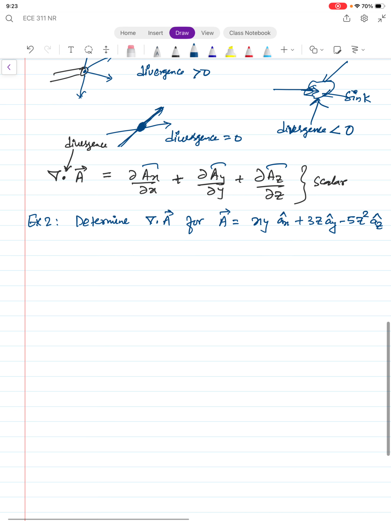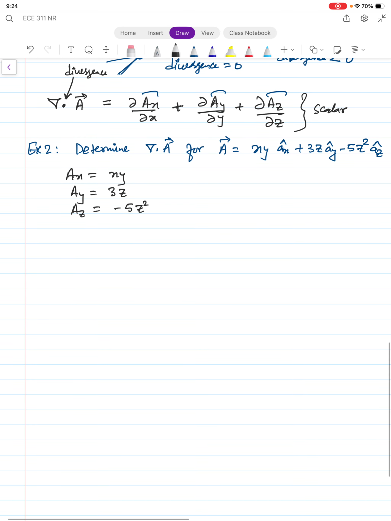Here you should first isolate the components of the vector. Ax is xy, the y component is 3z, and Az is negative 5z square. Let's go ahead and calculate the divergence, del dot A.